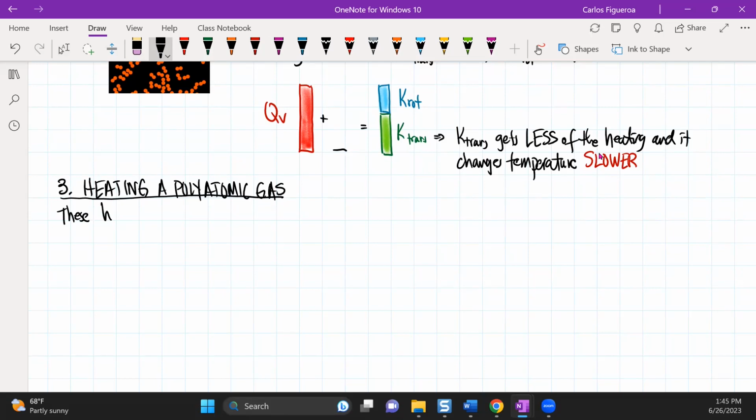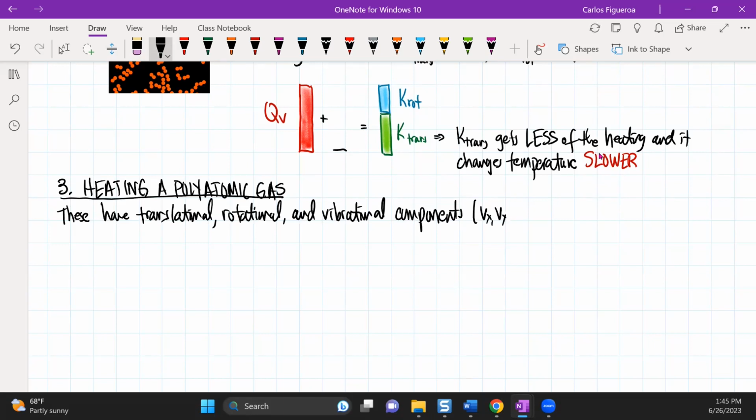These have not only translational, not only rotational, and now they have vibrational components. So that means our degrees of freedom have now increased. There's now 6 of them.